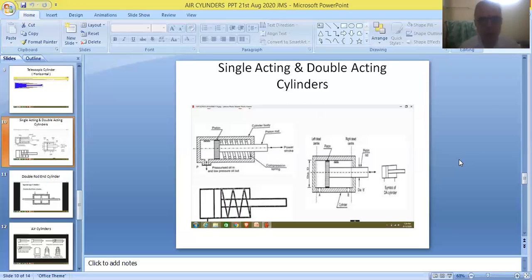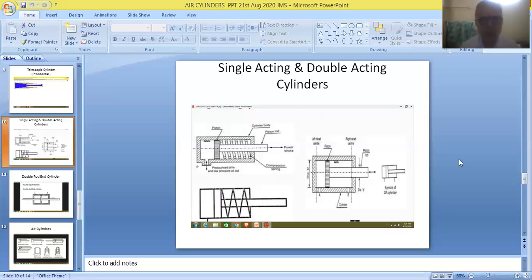And secondly, fluid pressure is used for performing the forward stroke of the piston, and spring pressure will be used for performing the return stroke of the piston.